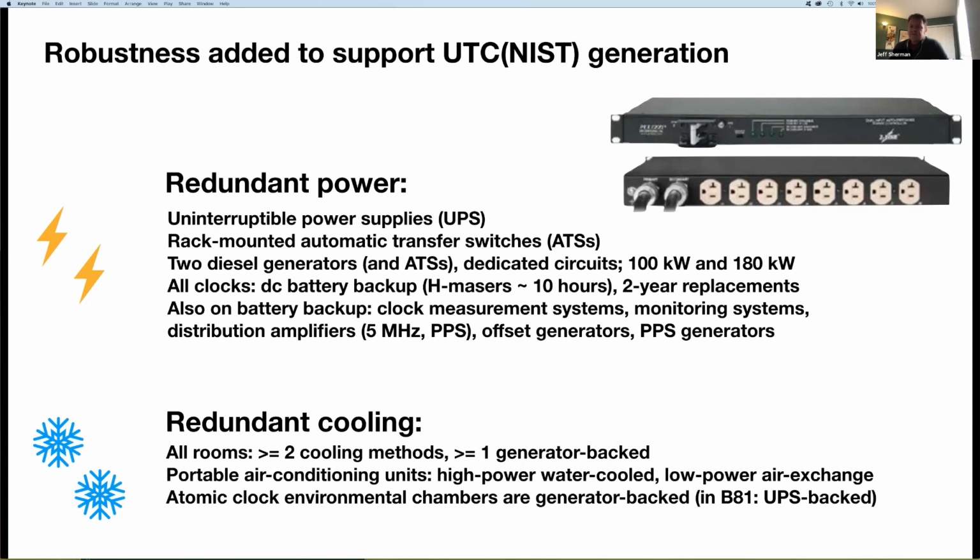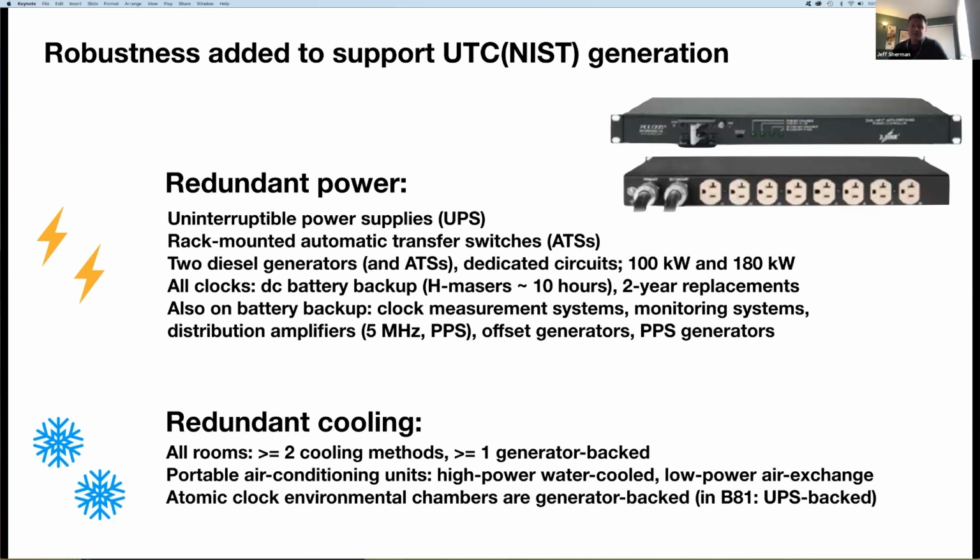All of our rooms involved have at least 2 built-in cooling methods permanently mounted to the ceiling somehow, and at least one of these is backed by one of these diesel generators. We also own some portable air conditioning units, the sort you can buy at a hardware store, or the sort that require cold water for heat exchange, and they can cool more like 7 kilowatts of heat transfer.